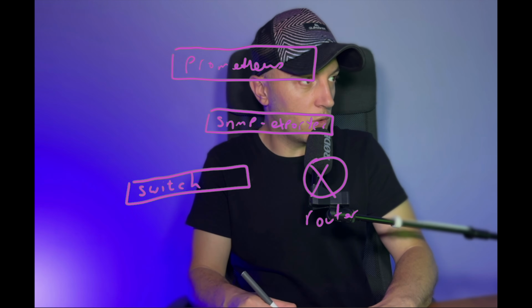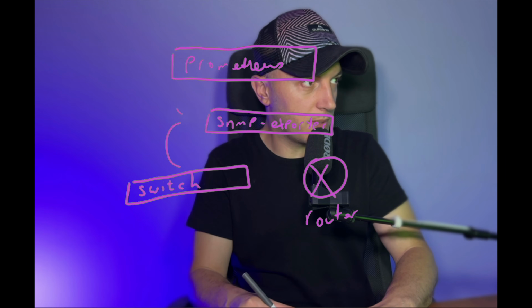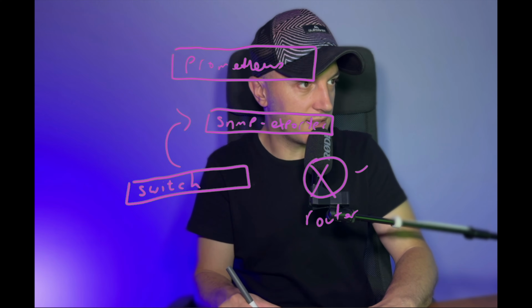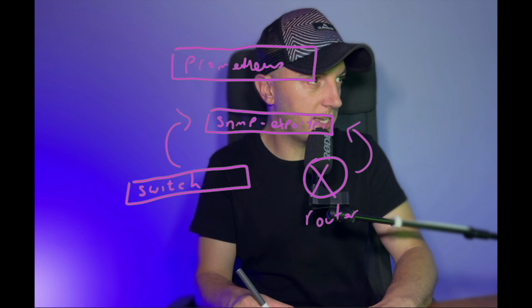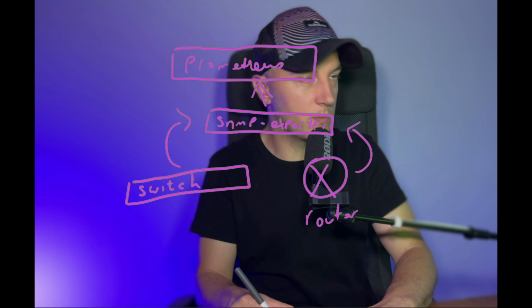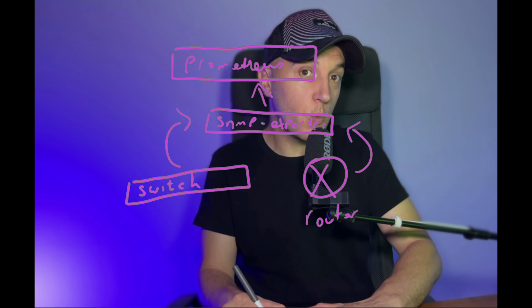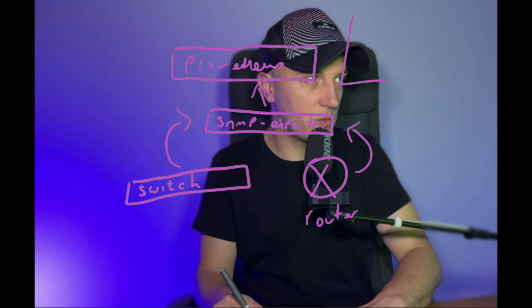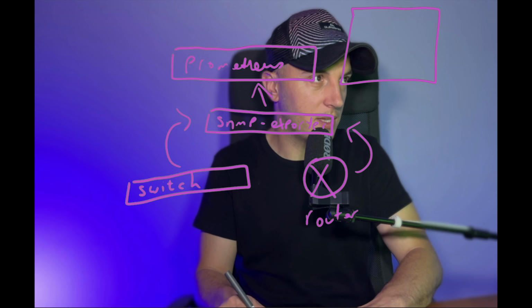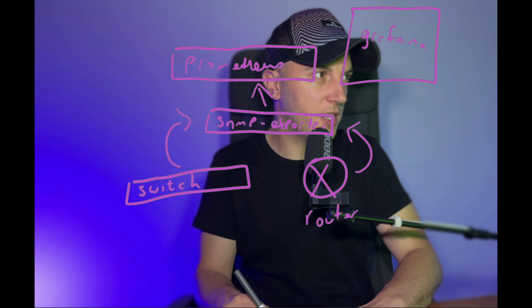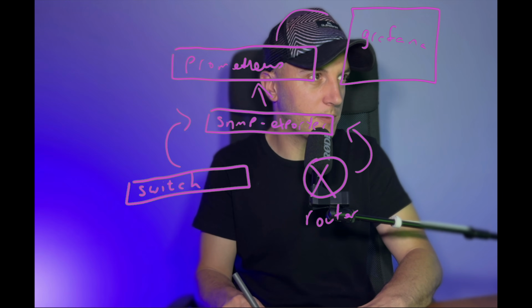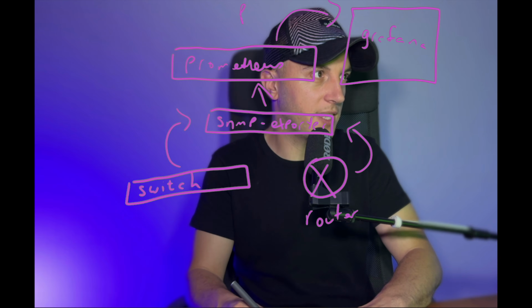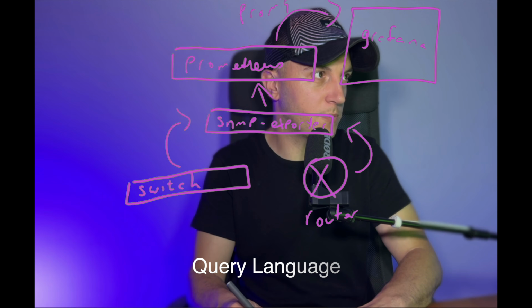The data will flow back to this SNMP-Exporter, so the switch will send data to the SNMP-Exporter and then SNMP-Exporter to Prometheus. Now, we will actually be displaying all these metrics in Grafana, so we would need a Grafana box here, and Grafana and Prometheus will talk to each other, and the query language that they will be using is PromQL.